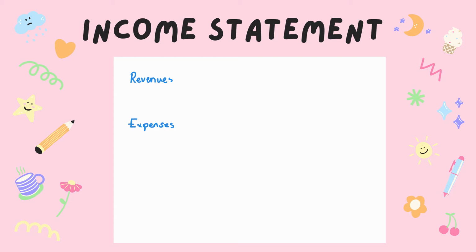Then we're gonna subtract expenses from revenues, and we're gonna see if it's net income or net loss. Okay, so I'm gonna go back to the question and let's check what are our revenues. In the first column, we had service revenue, and the amount was 175,000.